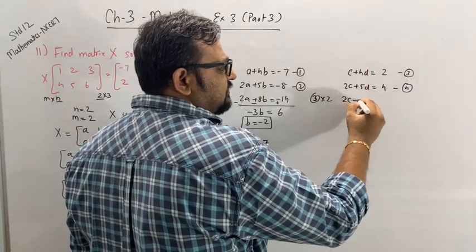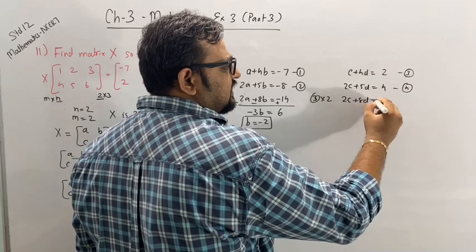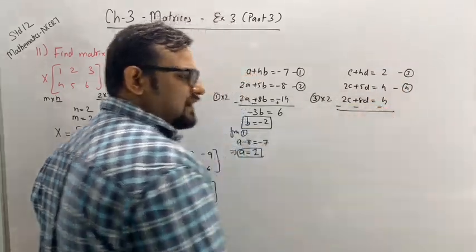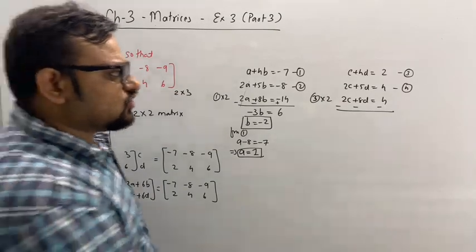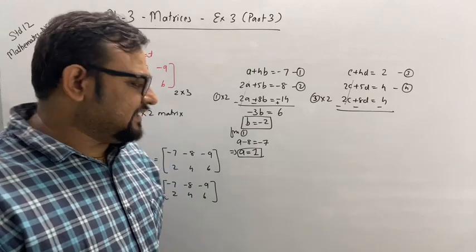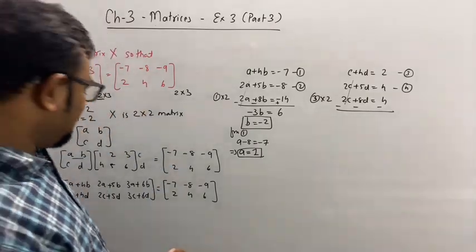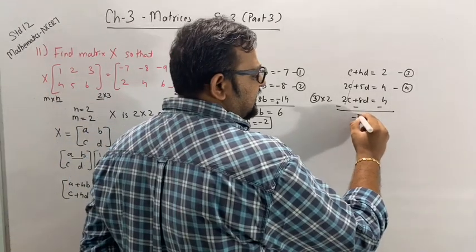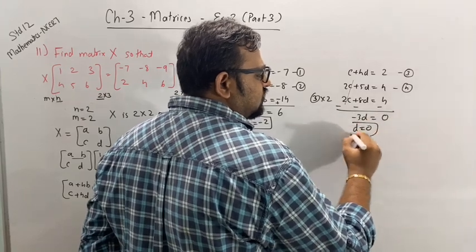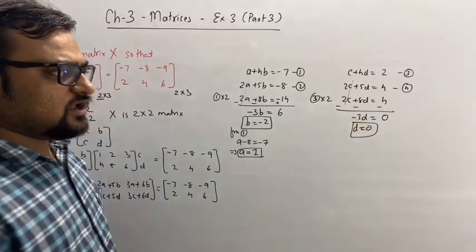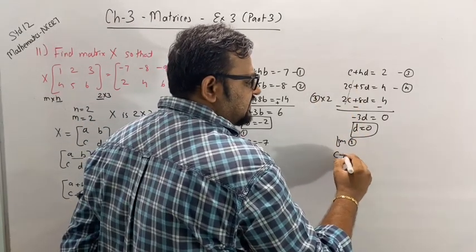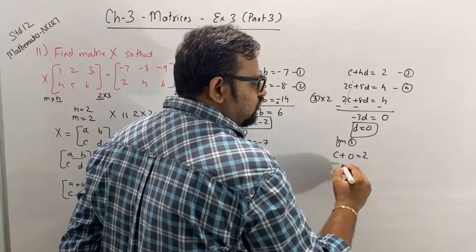So 2C plus 8D equal to 4. Minus, minus, minus. Clear? So 2C, 2C gets cancelled. 5D minus 8D, that will be equal to minus 3D. And this is 0. That means D equal to 0. Clear? So now putting this value in 3, I get C plus 0 equal to 2.